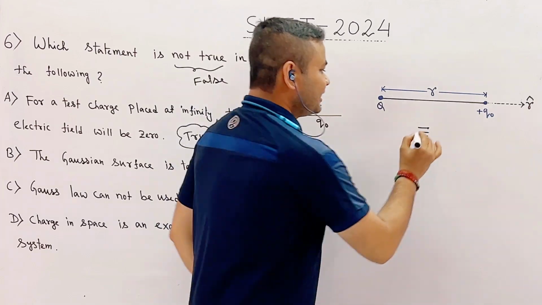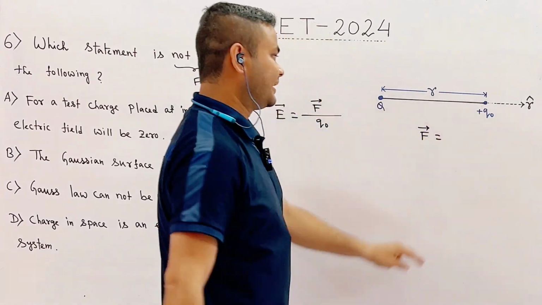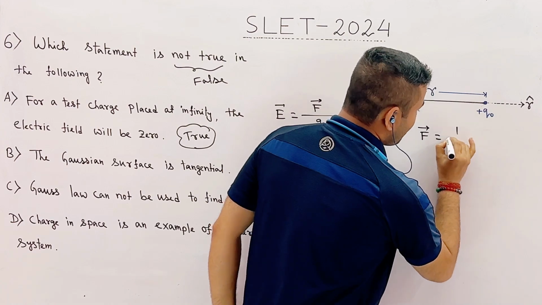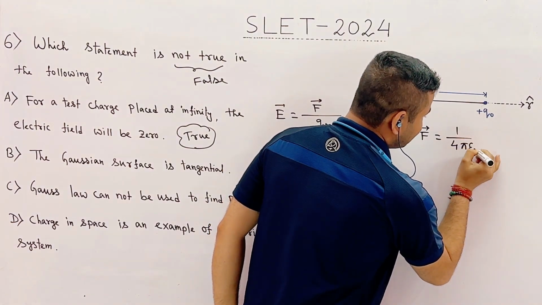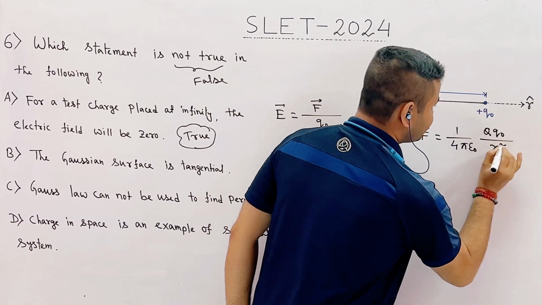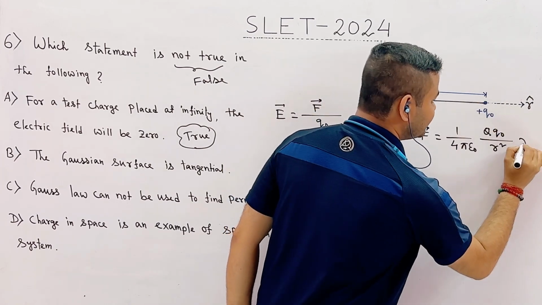We know that the force experienced by the test charge due to the primary source charge is given by 1 by 4 pi epsilon naught q into q naught divided by r square, and the direction is along this direction.